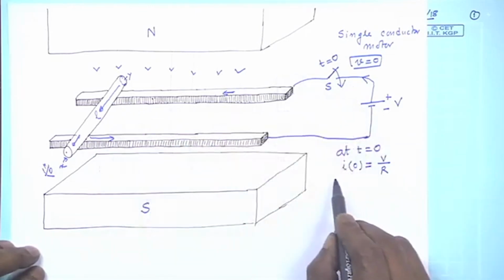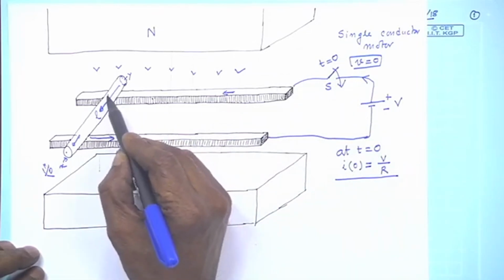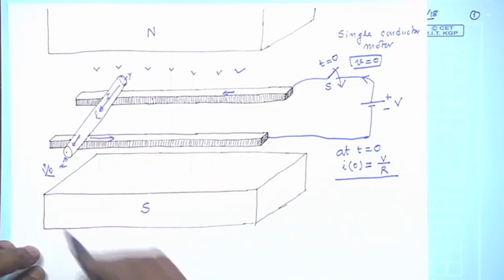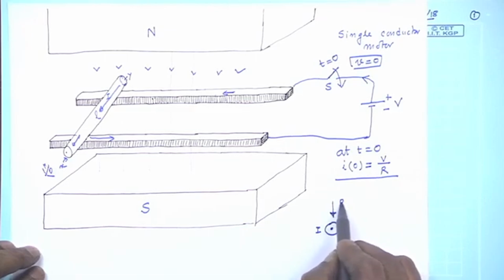This was the situation. But the moment this conductor carries current I in the direction shown, this diagram, if you look from this end, can be simply drawn in this fashion. This is your I, from the end x I am looking at it, and this is the direction of B, and length is perpendicular to the board.